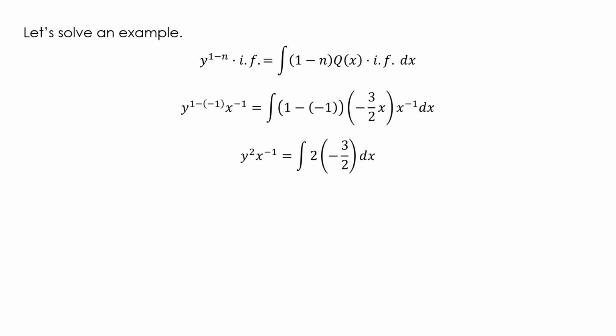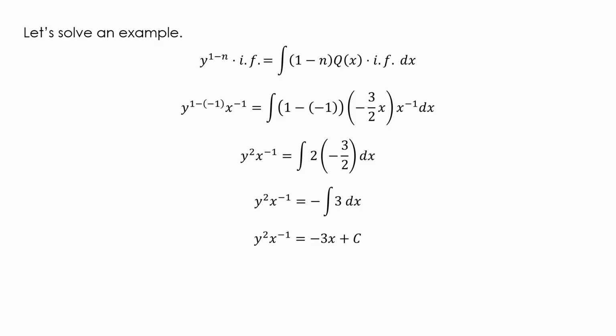The right side will become 2 times negative 3 over 2. The x and the x raised to negative 1 will cancel out, leaving us with just 1. Then we cancel the 2 in the right side, which will leave us with negative 3 dx. We can factor out the negative out of the integral. Then we evaluate the integral, that will become negative 3x plus c.